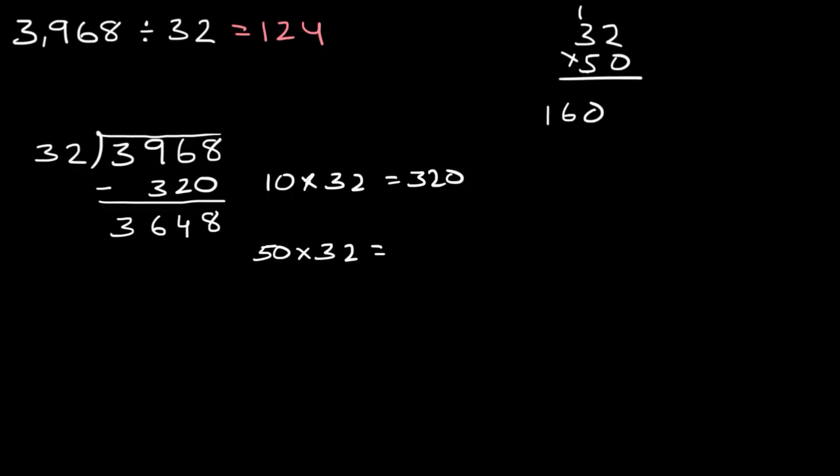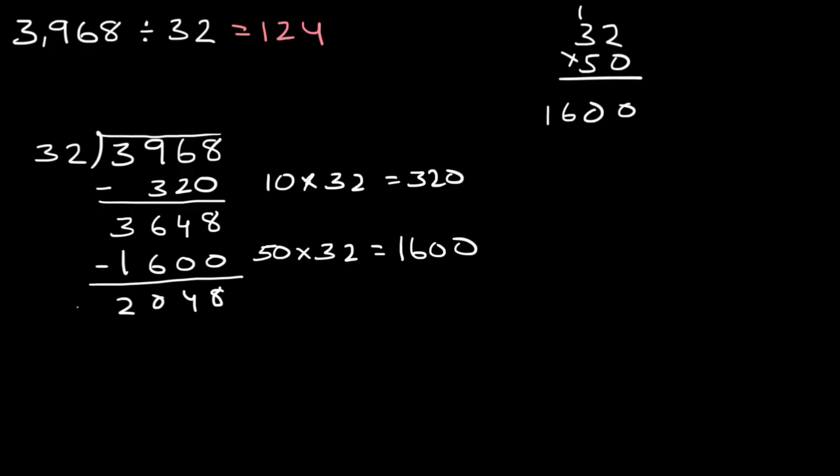So 32 times 5 is 160. 32 times 50 is 1,600. So if I were to put this 1,600 here, I subtract again. 8 minus 0 is 8. 4 minus 0 is 4. I get a 0. I get 2,048.